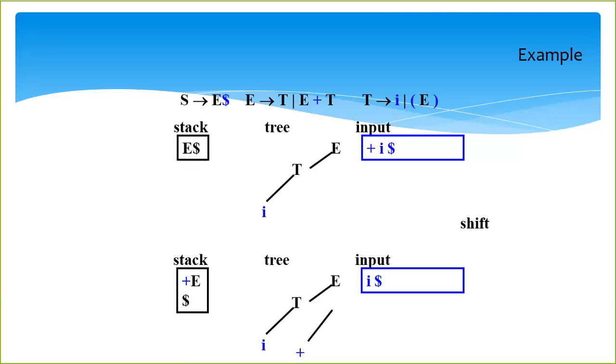Now here, another very important part we need to take care of while performing the next shift operation is how we are going to update the tree. That is another very important part. Till before, it was very easy for you to understand that the parent of I is T, and the parent of T is E. That's well understood. But now, while you start shifting the plus to the stack, what else is to be done?